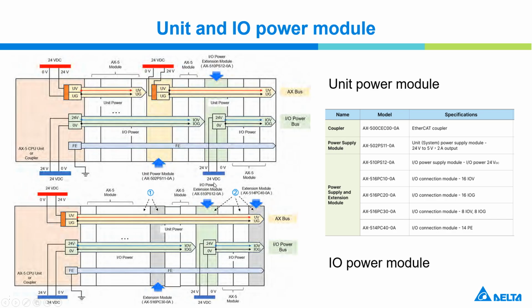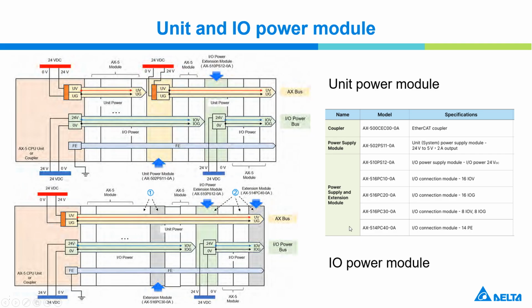And the green side here is the module AX-510-PS12. This one is the IO power supply module. So from the left to the right side, the green color connects together to share the I/O power.